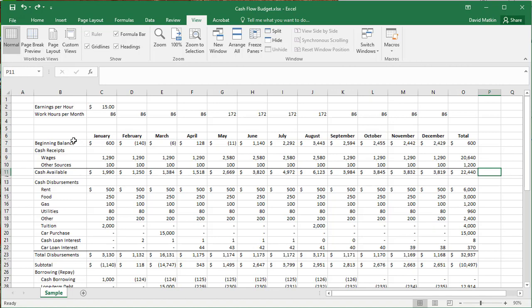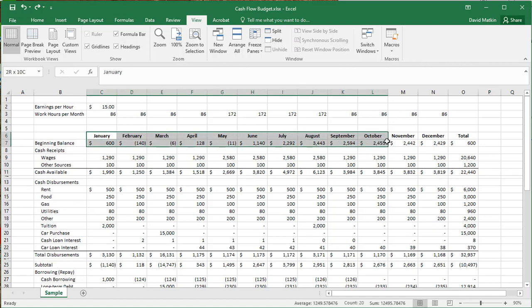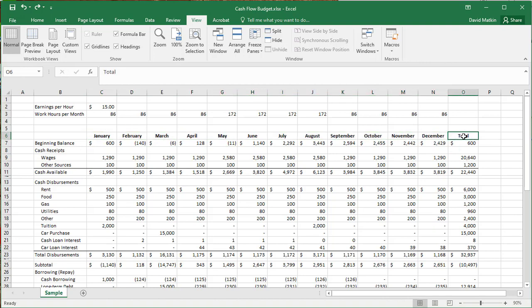This is going to be very typical of a cash flow budget. We've got columns here for each month of the year, and then a total column. The total column represents the whole year. Just like how January's beginning balance is $600, the beginning balance for the year was $600.